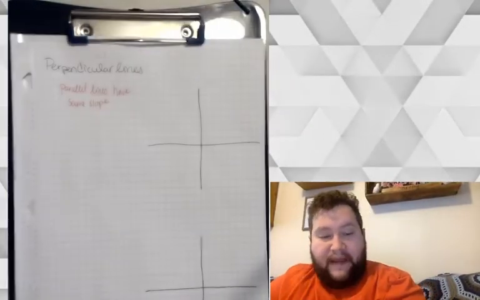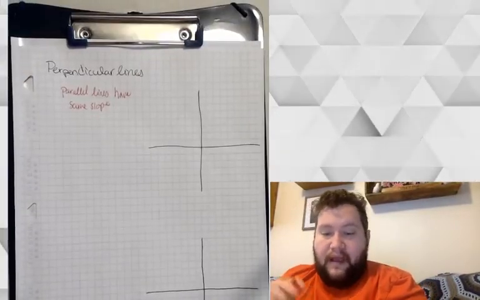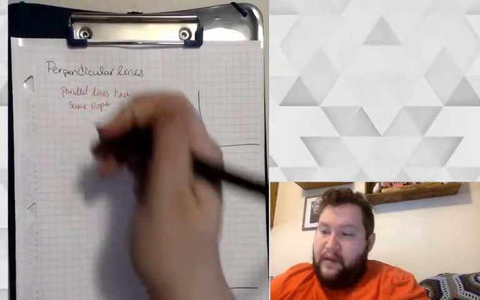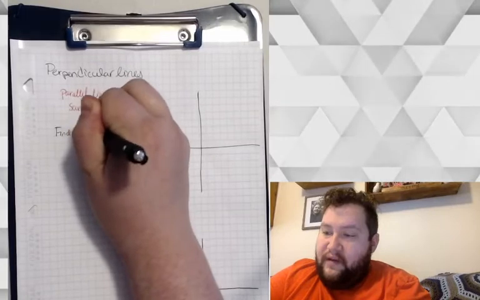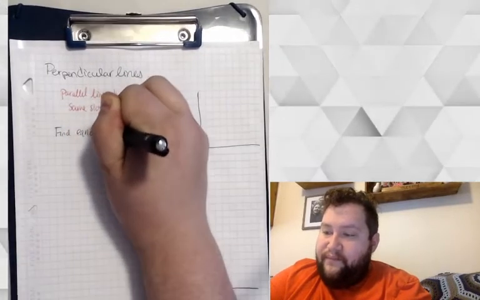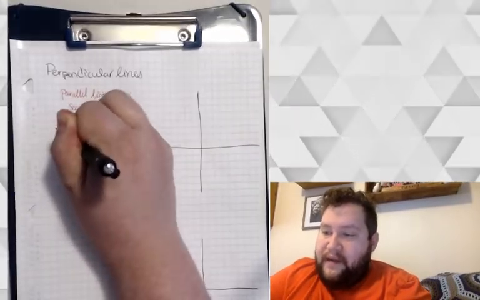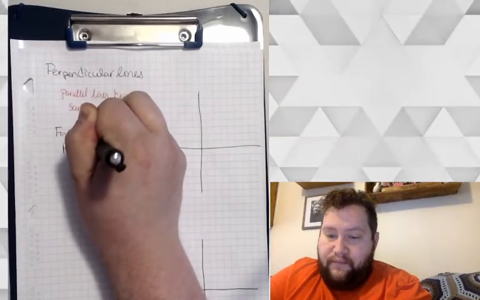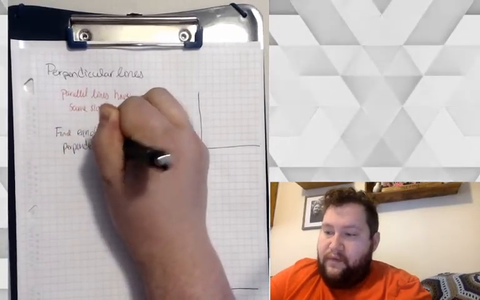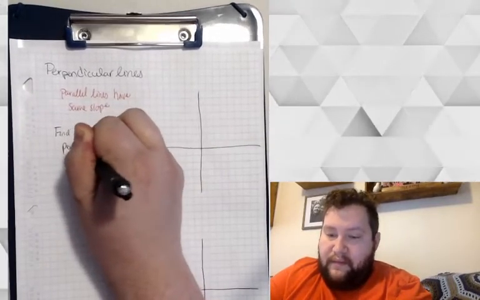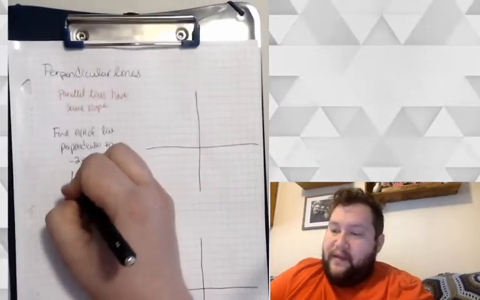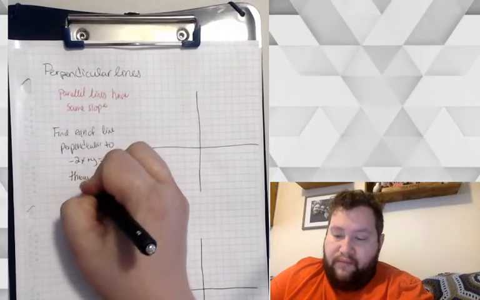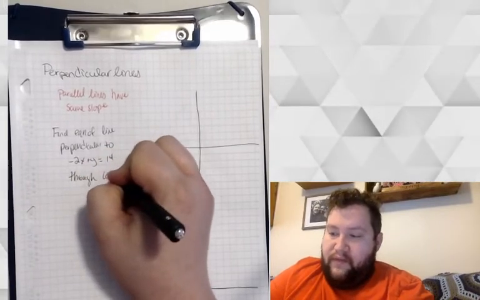So suppose we're finding a line. Find the equation of the line perpendicular to negative 2x plus y equals 14 that goes through 0, 2.